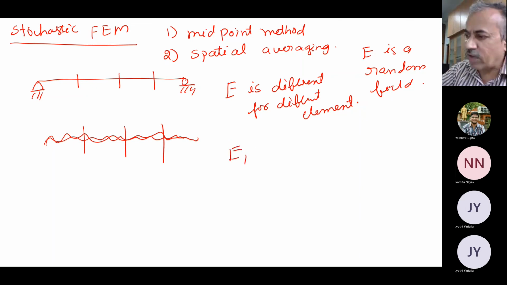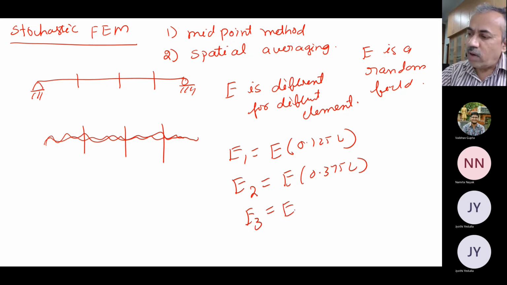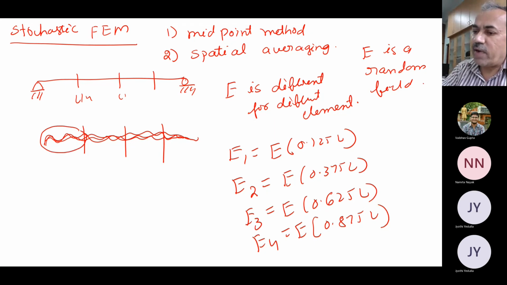The Young's modulus in the first element will simply be the Young's modulus at 0.125 L, and in the second element it will be at 0.375 times L. In the third element, Young's modulus is at 0.625 times L, and the fourth element is at 0.875 times L. So now this is my random field somebody has given you, and you are dividing it into 4 elements, so the element sizes are L by 4, L by 4, L by 4.